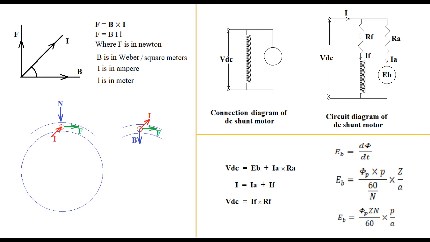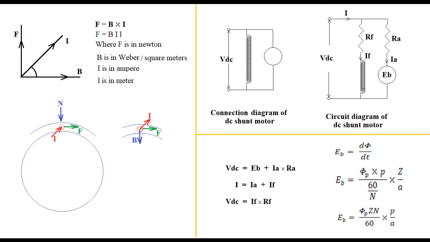The mechanical forces exerted by all conductors are additive and the rotor starts rotating. Due to rotation of the rotor, back EMF is also induced in the armature windings and the motor keeps on supplying load torque at some speed.